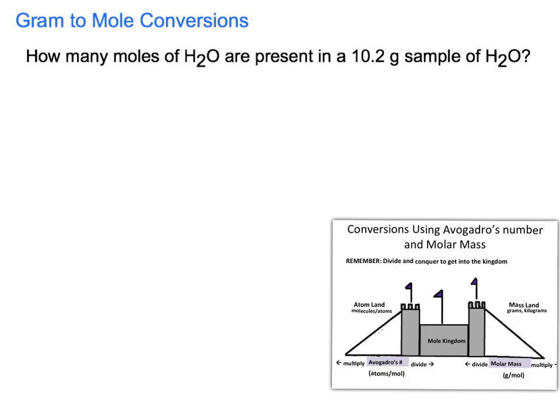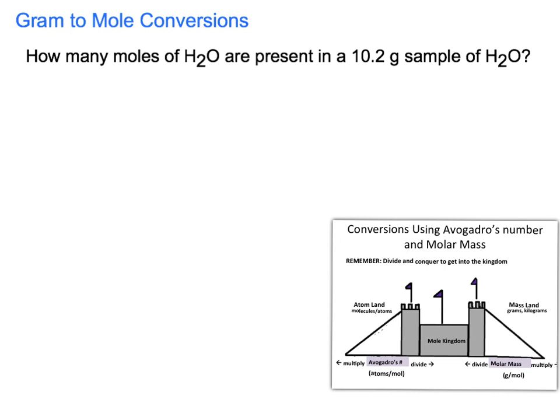So what we're going to be looking at here are the conversions between grams and moles, and we're going to utilize something called the mole kingdom. This was introduced to me by my chemistry teacher in high school, Mr. Hartman, and was really useful throughout all of my chemistry studies. So what we have here is essentially just a flow chart. In the middle of the kingdom, you will be in the unit of moles. So it's called the mole kingdom because anytime you're in the kingdom, you are in the unit of moles.